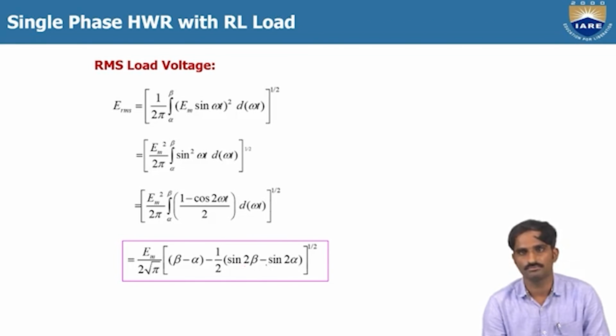In a similar way you can also find the efficiency, the power factor, and the ripple factor, like in the previous case. The basic thing is you have to find the RMS load voltage and RMS load current.